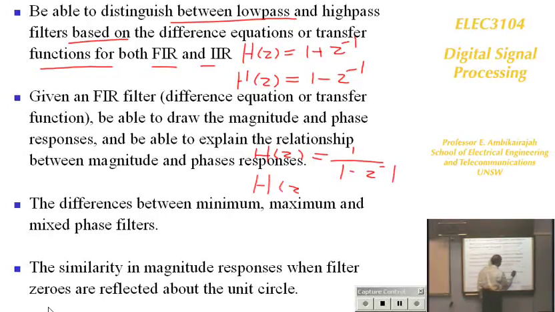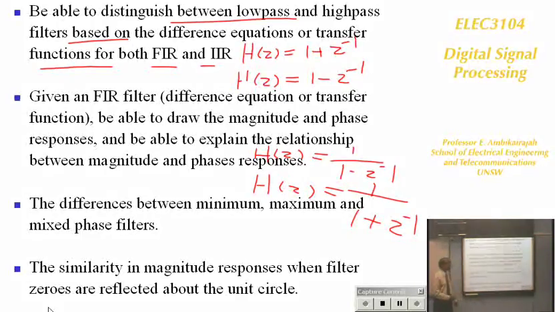And then H(z) equal to 1 over 1 plus z^-1. You should be able to know the difference between all those four basic filters and which is the low pass and which is the high pass. These are the two FIR filters, a low pass and a high pass, and similarly you have IIR filters.